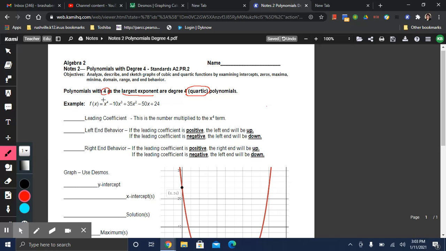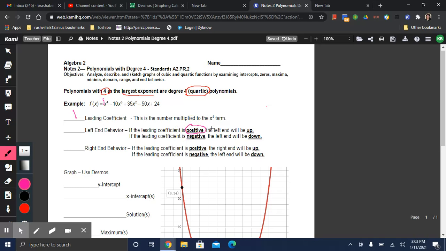This leading coefficient is a 1 x to the 4th. Let me see if I can write that a little bit better. The leading coefficient being a 1, remember that's the number multiplied to your x to the 4th term, and this is a positive number.